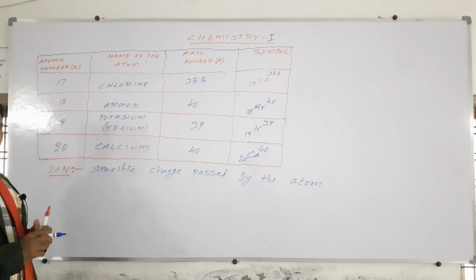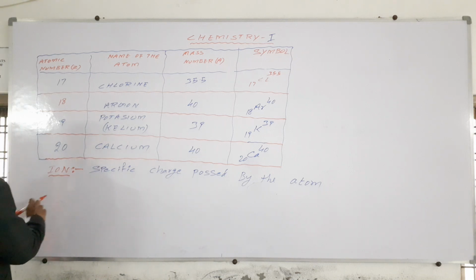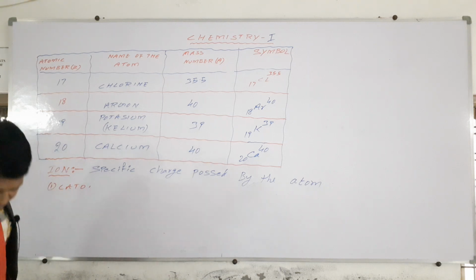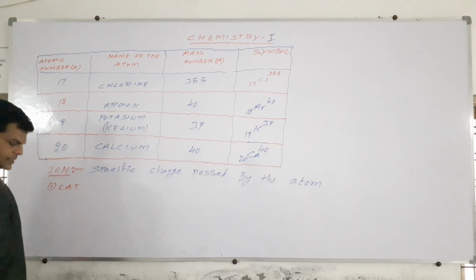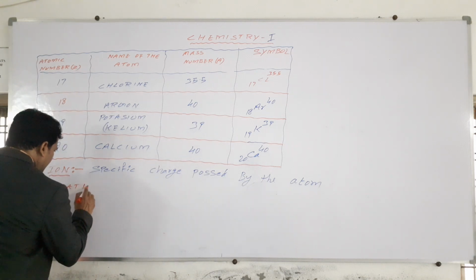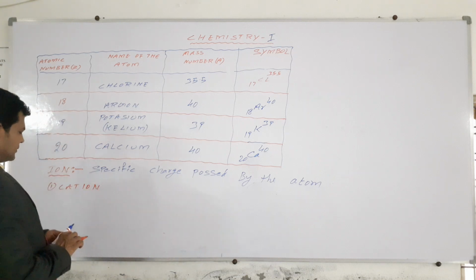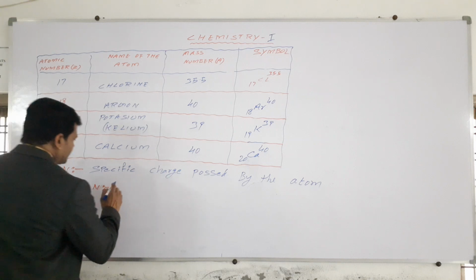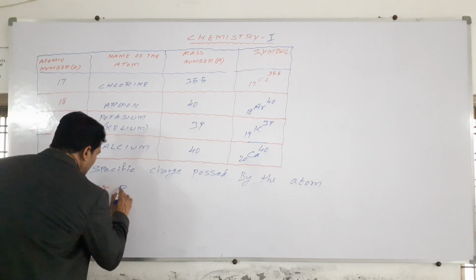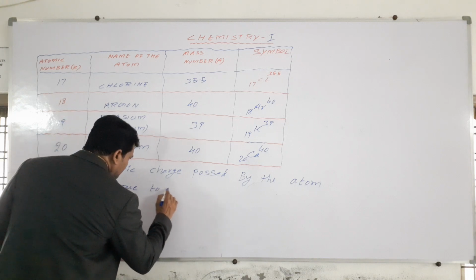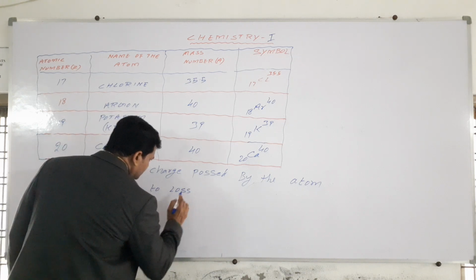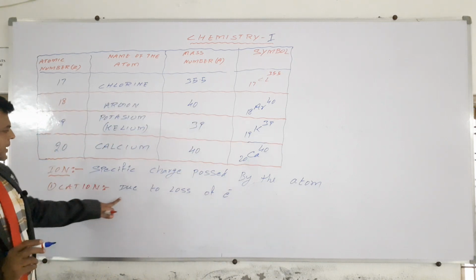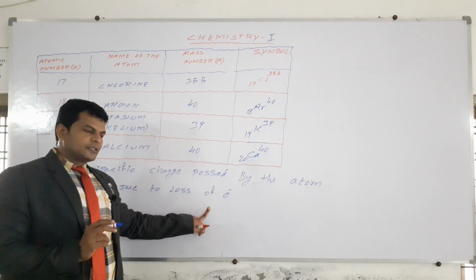Ions are two types. The first one is cation. So how it is formed means due to loss of electrons. Cation is formed due to loss of electrons.